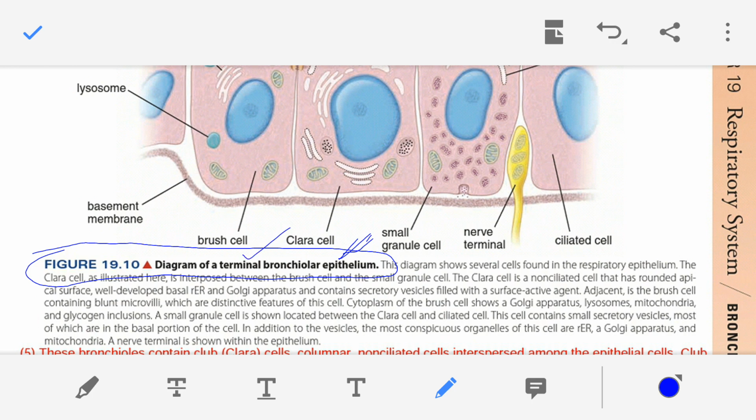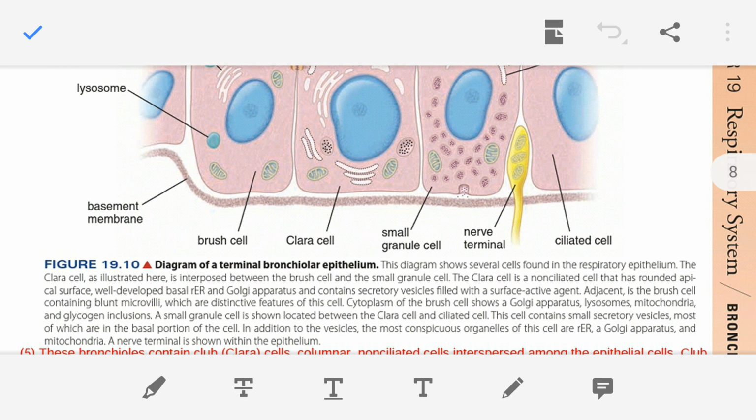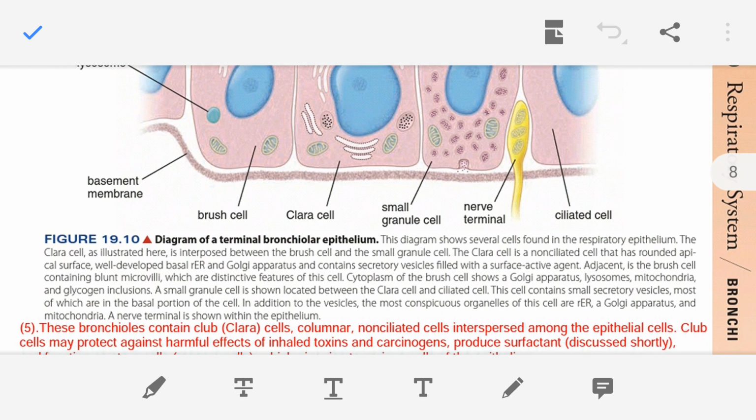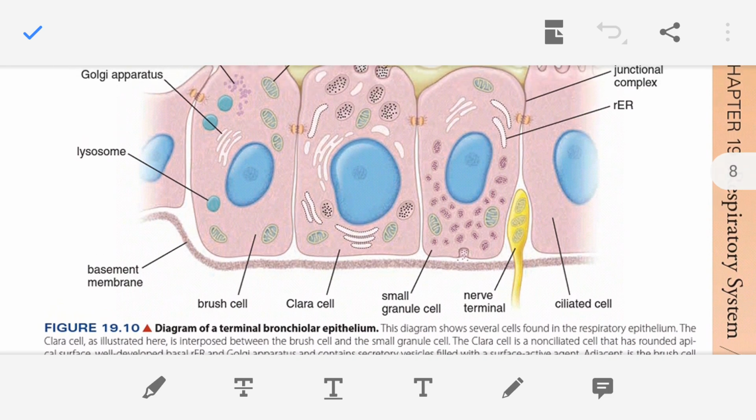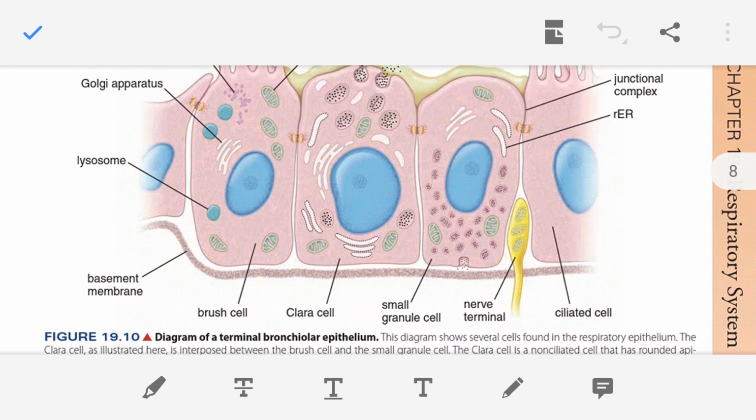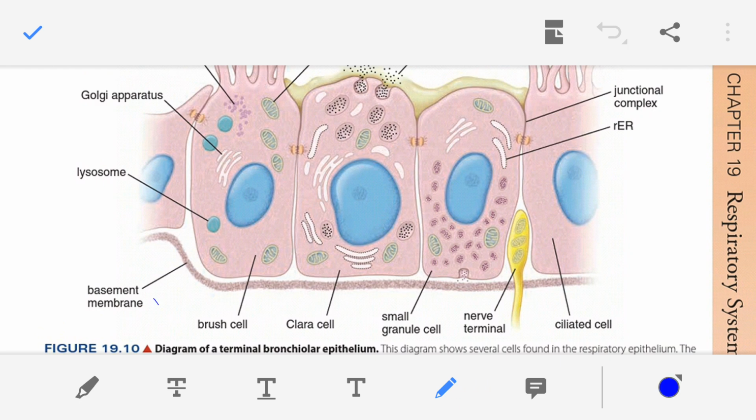Around the lumen, the epithelial cells are present, and in that epithelium, which types of cells are present? In the epithelium of the terminal bronchiole, you see there the brush cells are present, the Clara cells are present, then granule cells are present, and the ciliated cells are also present.